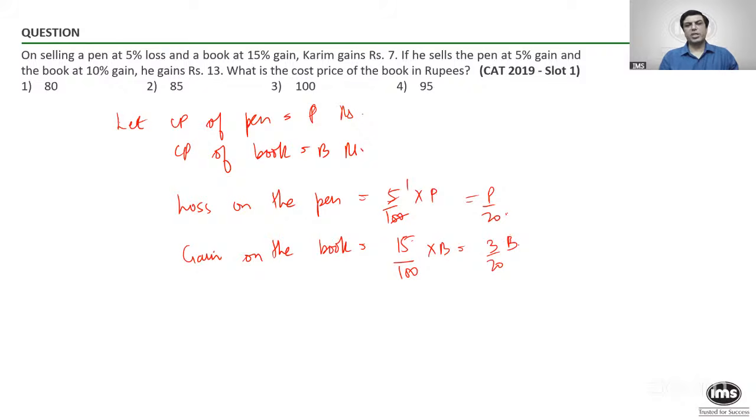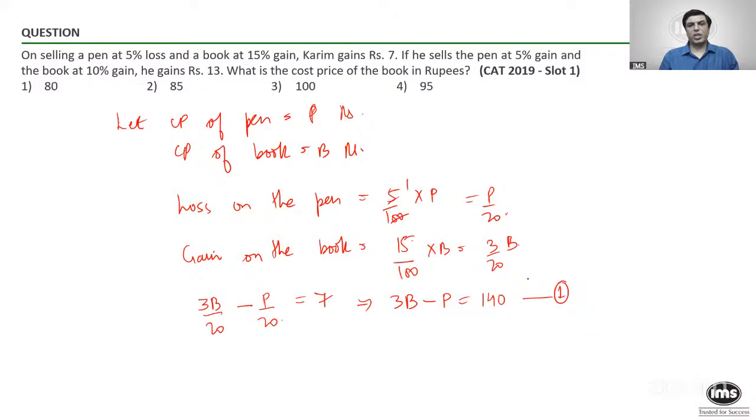Overall, he is gaining 7 rupees, which means his gain on the book is greater than the loss on the pen. So 3B by 20 is his gain, and P by 20 is his loss, and that difference is 7 rupees. If I just cross multiply here, because 20 is a common denominator, we can say that 3B minus P is equal to 140 rupees. This is my first equation.